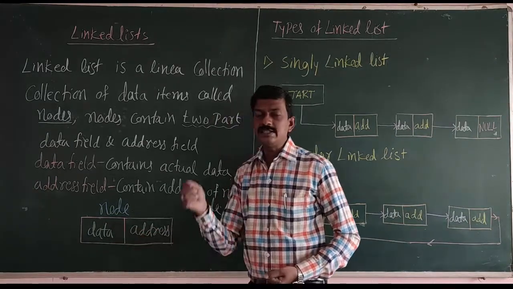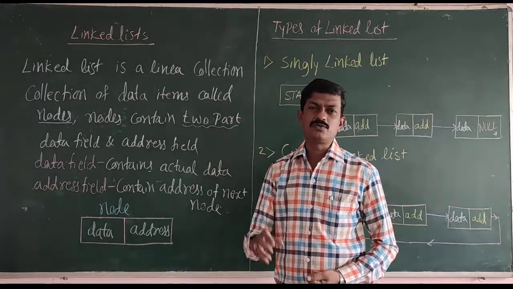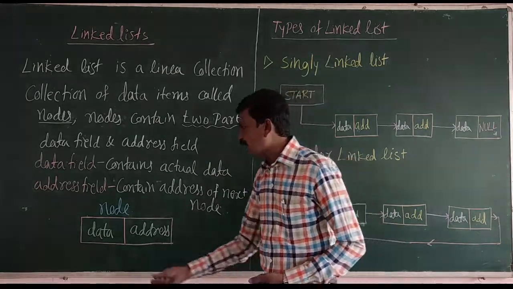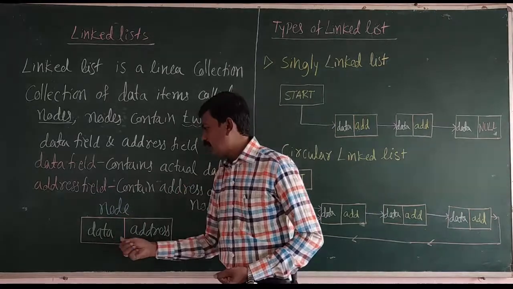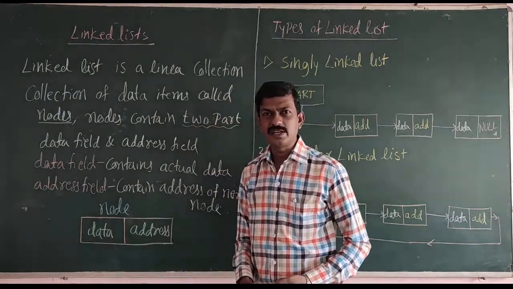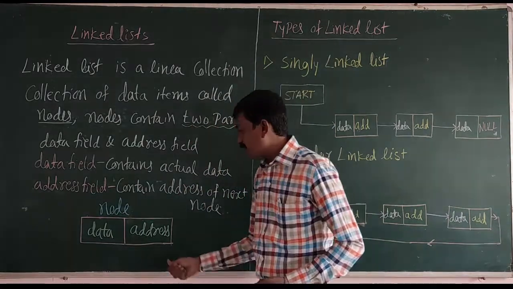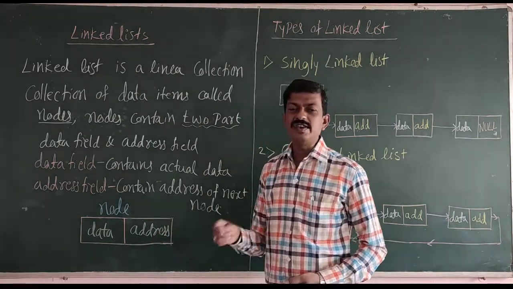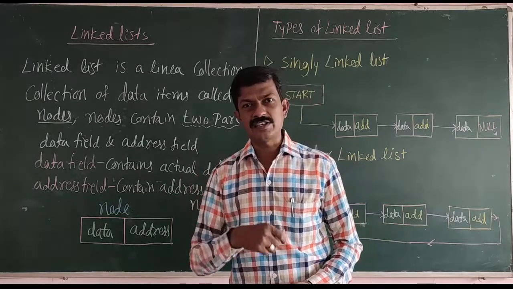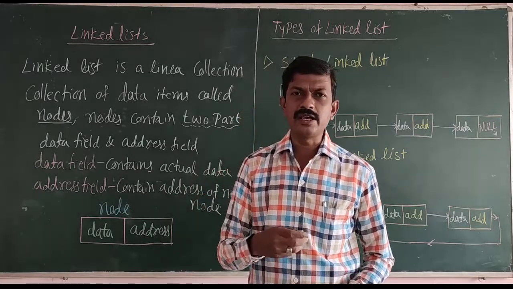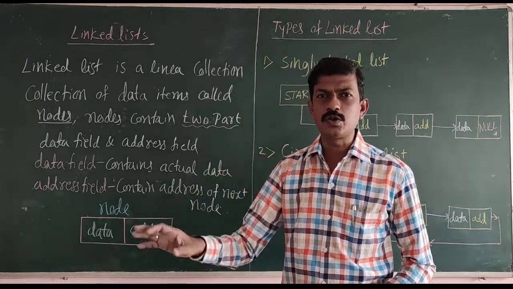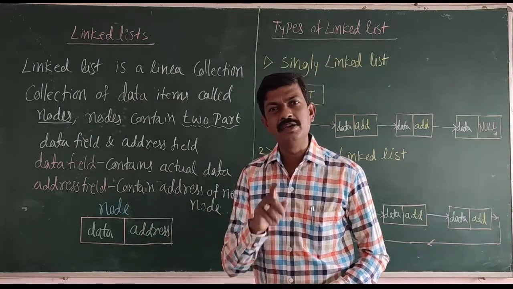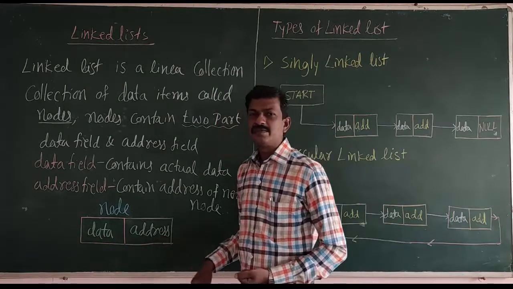The data field stores what we want to store in the data structure. The next one is the address field, in which we store the address of the next node. We don't know where in memory it is; it may be stored somewhere in that memory. If we want to access that data item, it is only possible with the help of this address.